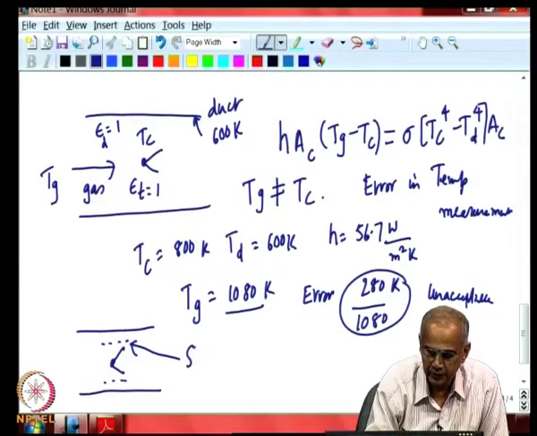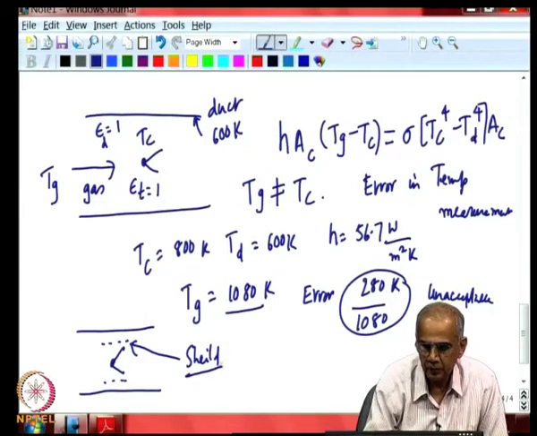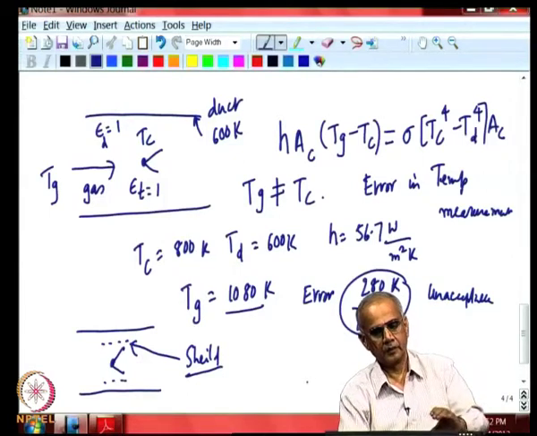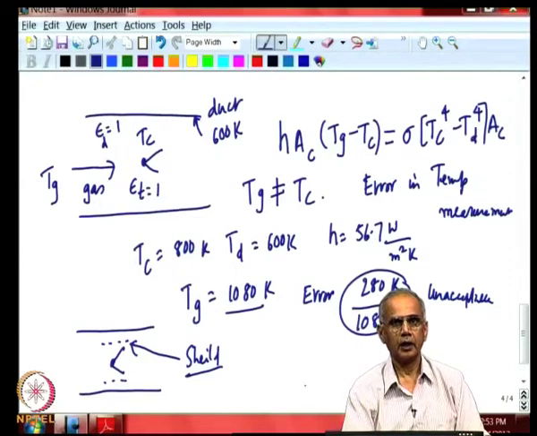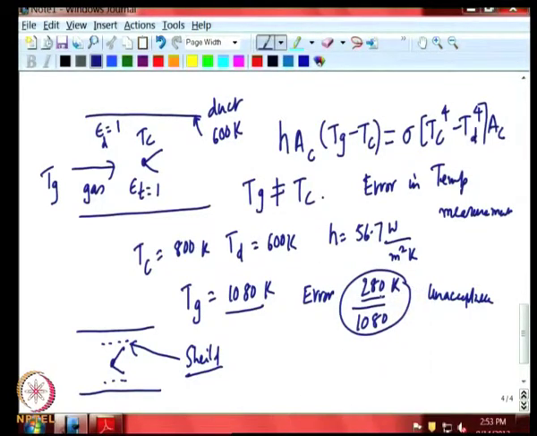The thermocouple has a shield which ensures that the thermocouple does not directly see the cold wall of the duct, and thereby reduces this error of 280 Kelvin to a much more reasonable number.